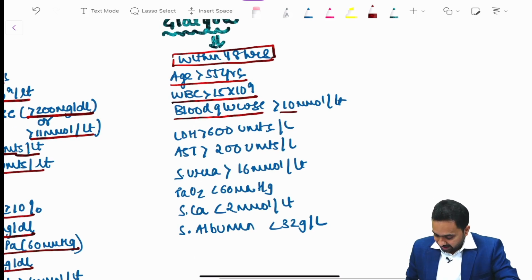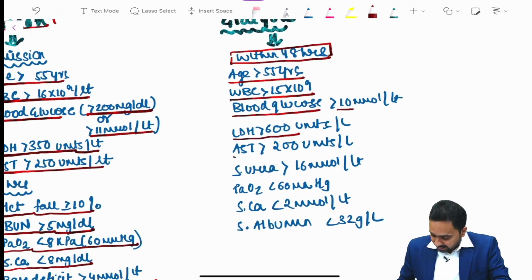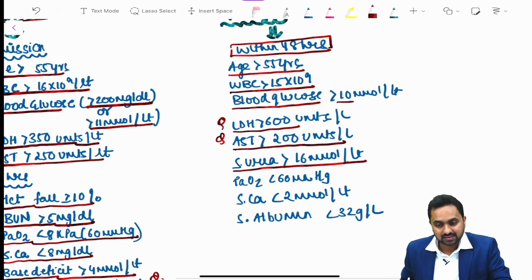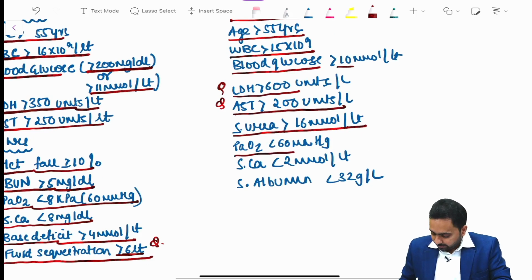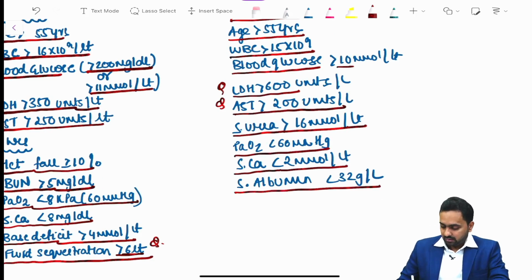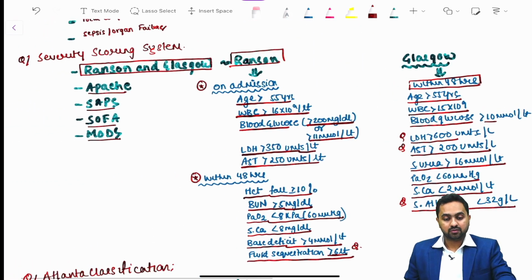Then LDH more than 600, whereas in Ranson it was 350, AST more than 200, whereas in Ranson it was more than 250. Then serum urea more than 16 millimole per liter, PaO2 less than 60 mm of Hg, serum calcium less than 2 millimole per liter, and serum albumin less than 32 gram per liter, right. So, these are the severity scoring systems.